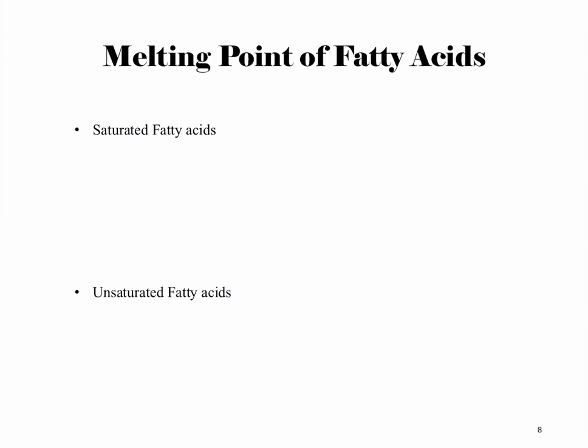So if we look at using the same colors we did before, we have the polar head and we have the nonpolar tail. If we have a saturated fatty acid, all these bonds can rotate and move around freely, so they're more likely, if this was an electron density map, to have a relatively linear conformation.